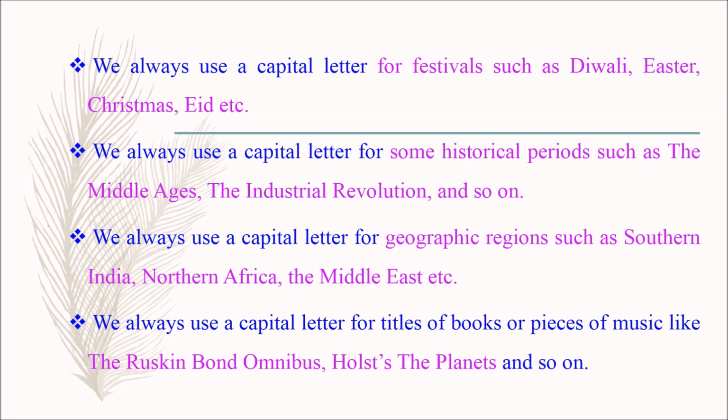Then we always use a capital letter for geographic regions such as Southern India, Northern Africa, the Middle East, etc. Then we always use a capital letter for titles of books or pieces of music like the Ruskin Bond Omnibus, Holst the Planets, and so on.